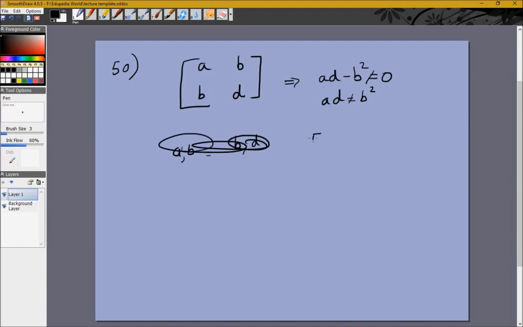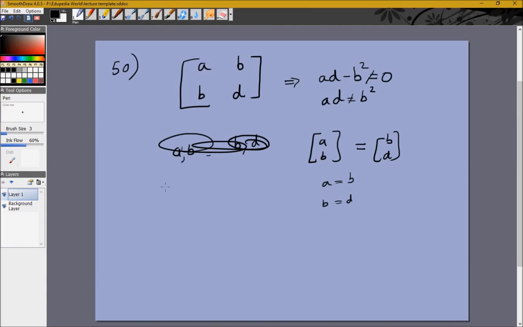The first column of M, AB, if it is the transpose of the second row BD as a row, if this is true, then clearly A is equal to B and B is equal to D, which means AD is equal to B square. So then it will not be invertible, so A is false.